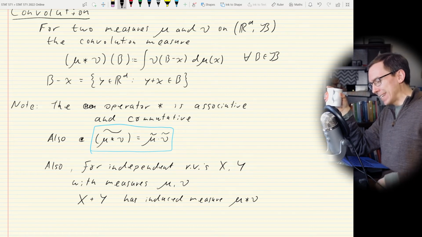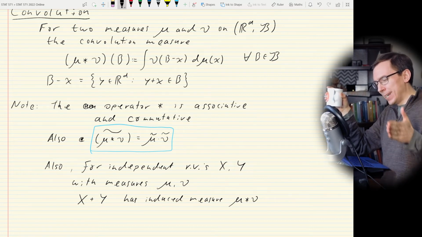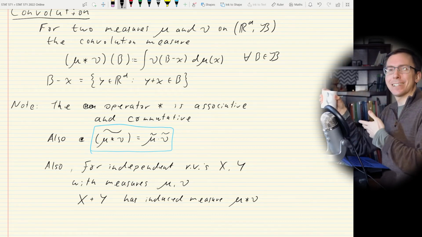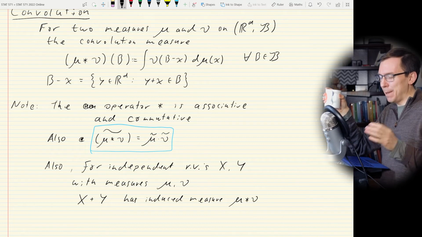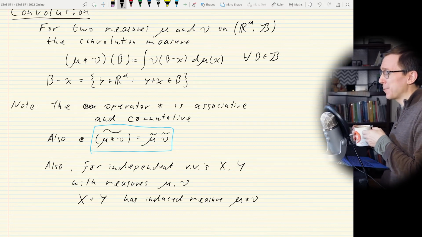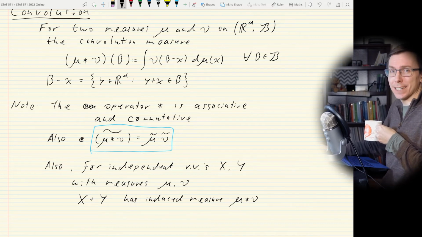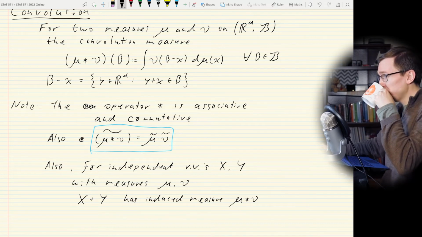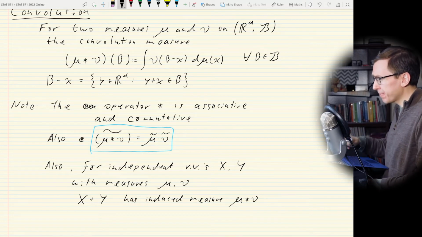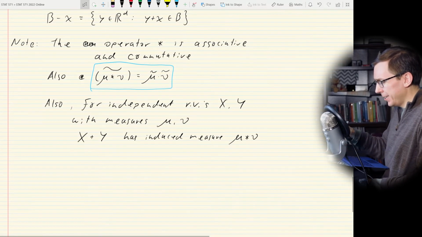And having something like mu1 star mu2 star mu3 star mu4, etc. is going to be a headache. But a product of characteristic functions is a lot easier to work with. That's why people like to use this approach to proving the central limit theorem. All right, we need a uniqueness theorem.